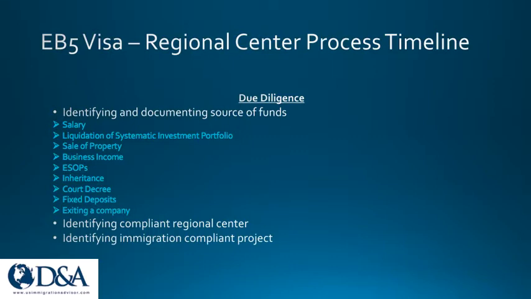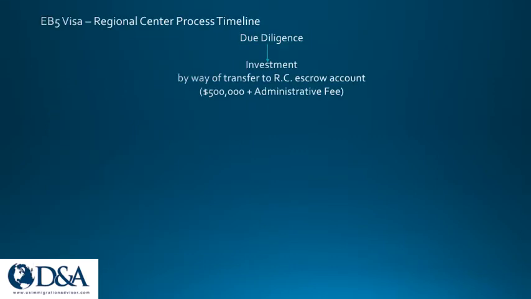Once all these due diligences are completed, the investor then goes ahead and invests by way of transfer to a regional center escrow account. The investment amount usually is $500,000 plus administrative fee or syndication fee charged by the regional center.